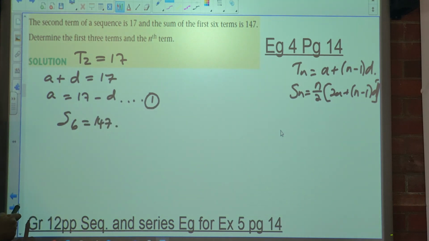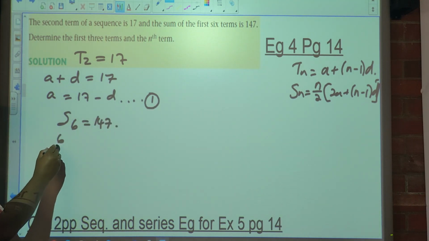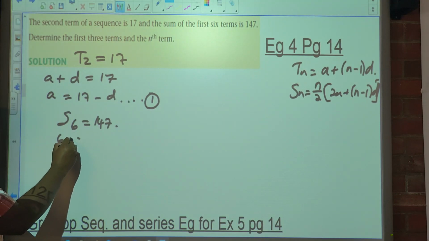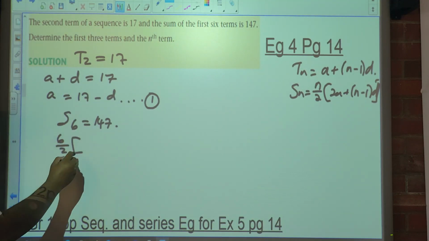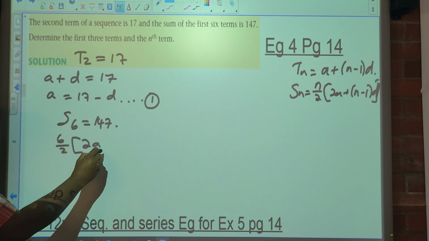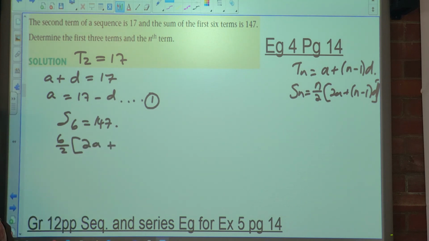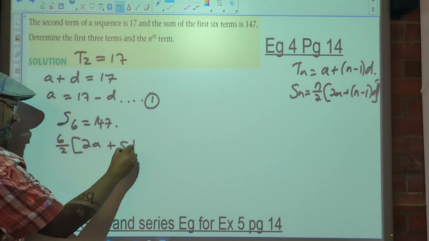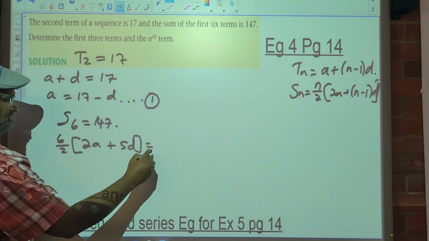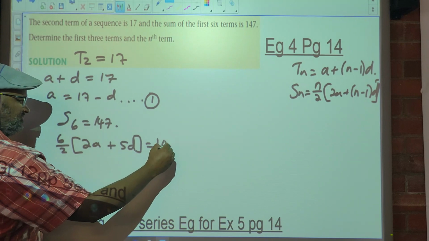For the sum of 6 terms, what would it be? 6 over 2 into 2a plus 5d equals 147.